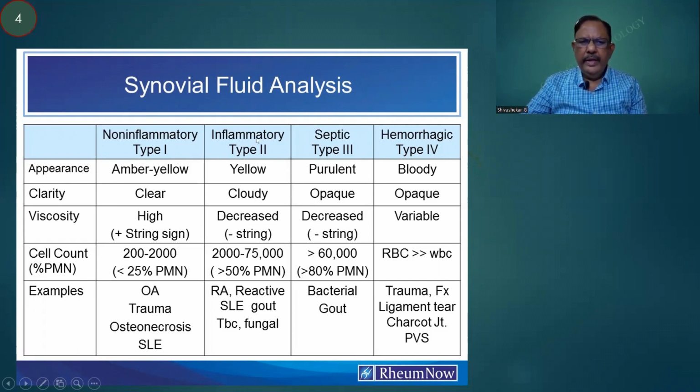It can be divided into non-inflammatory and inflammatory. Inflammatory itself can be non-specific or septic, and then hemorrhagic or hemarthrosis. The various components are given over here along with the classical examples, which you people shall go through.